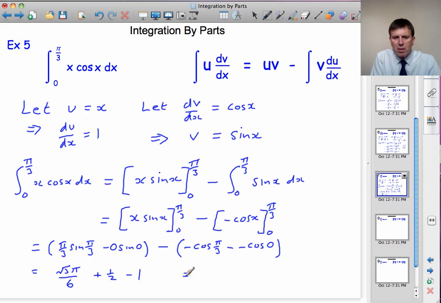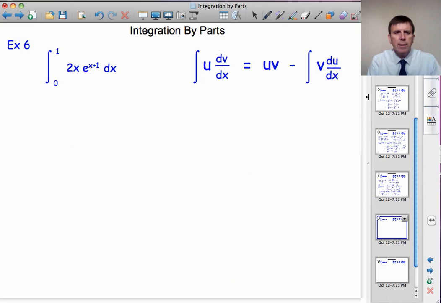So final answer is root 3 pi divided by 6 plus half minus 1 is minus a half. And we could work that out on a calculator, or in a pure maths exam, leave it in that form. Example 6. Integrate 2x e to the power x plus 1 dx between the limits of 1 and 0.